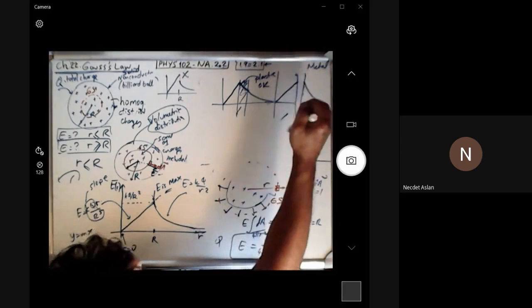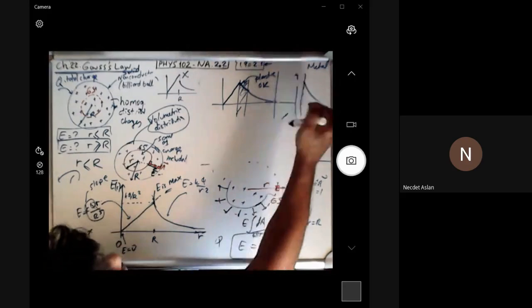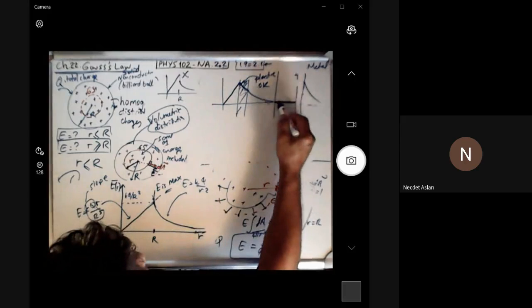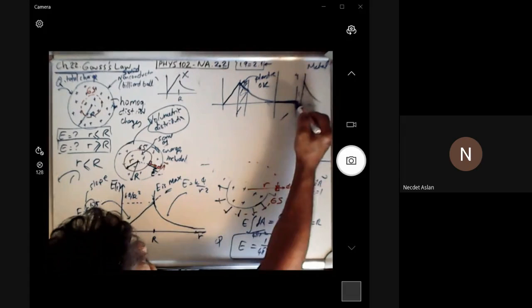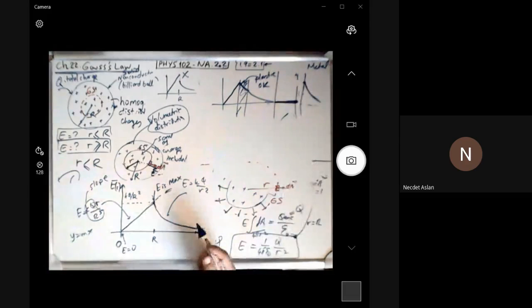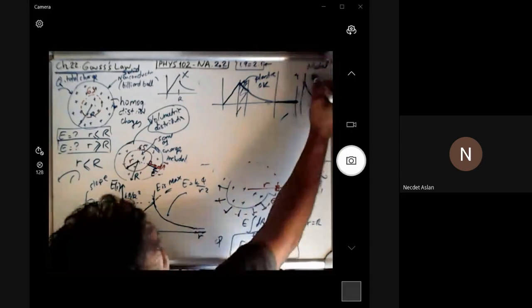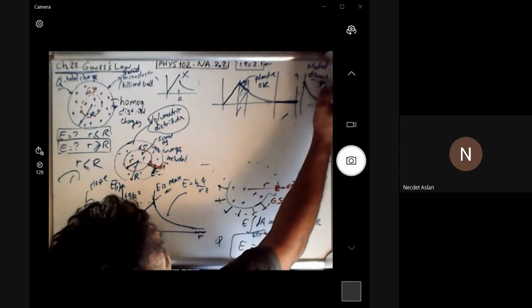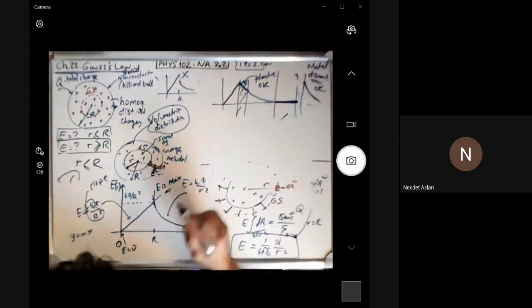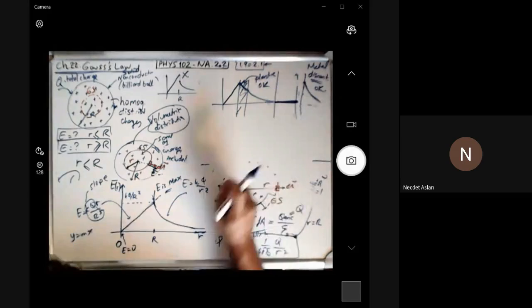But we will see that electric field inside the metal is totally 0. So the electric field will go from 0 to very high values, and then it will just jump to this. So for the metal, there is a discontinuity.